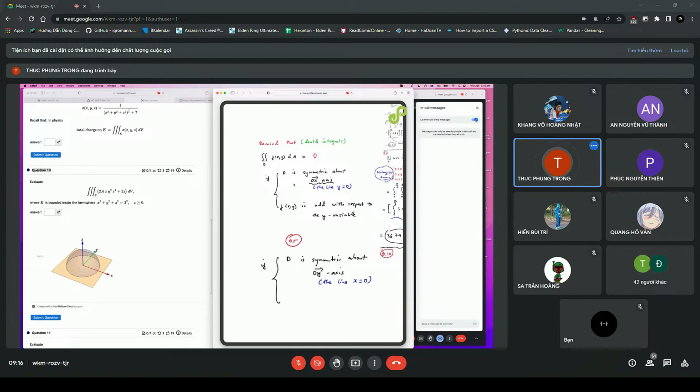But now you need f to be odd with respect to x, not y. If we have exactly these two things, then you also have 0.